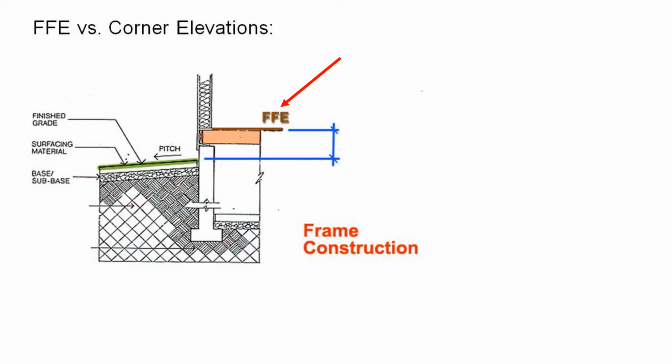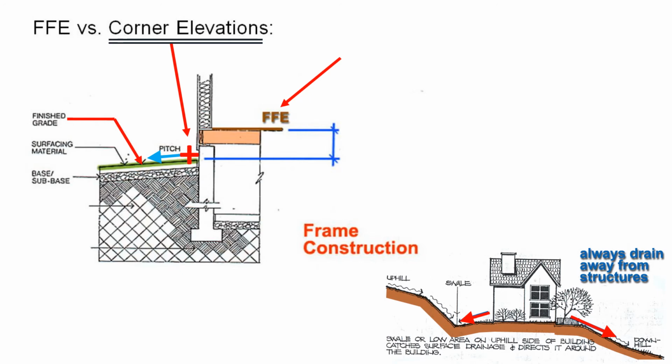The second key finished elevation that we need to know is this one, the finished grade of the ground outside of the building. In particular, the finished grade for the corner, which is the highest point of the exterior ground to create the positive drainage we talked about in previous classes.